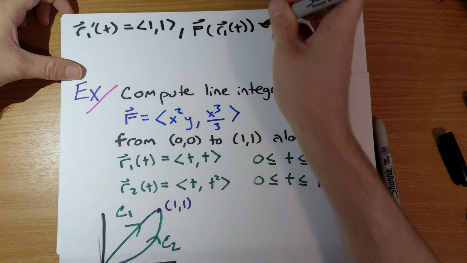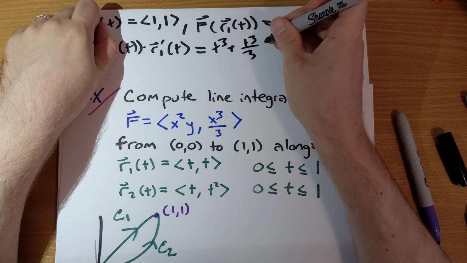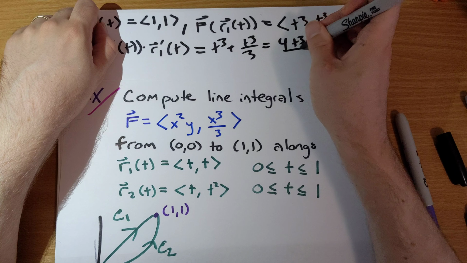And we get t squared times t is t cubed, comma t cubed over 3. And so f of R1 of t dot R1 prime of t, this dot this will give us t cubed plus t cubed over 3, which is 4t cubed over 3.